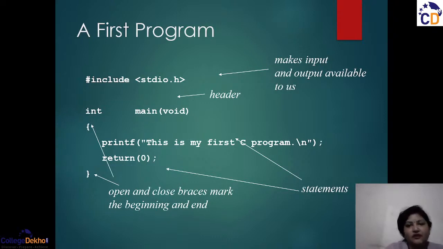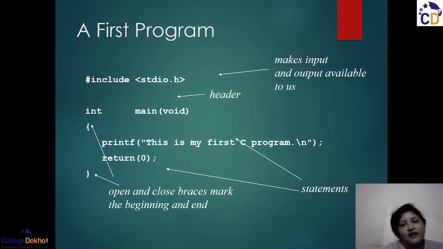Printf, you have given the message, this is my first C program, and then slash n. There are different escape characters. I will be telling you what slash n, slash t and slash b are. There are a number of functions behind them. They are written for some meaning only, right?